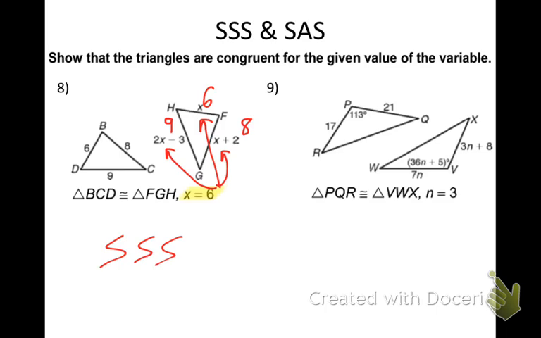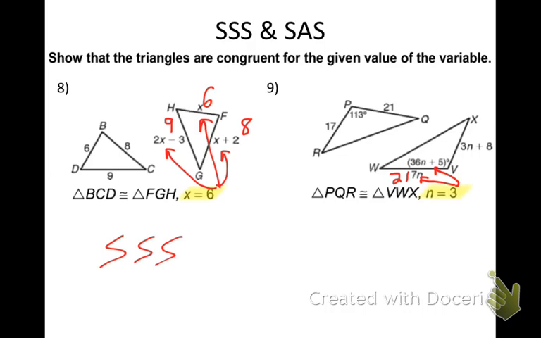Number 9. It says n equals 3. Spencer, what am I going to do with the n equals 3? Plug it in. What's 7 times 3, Spence? And then I take 3 and I plug it into the other one. 36 times 3 plus 5.